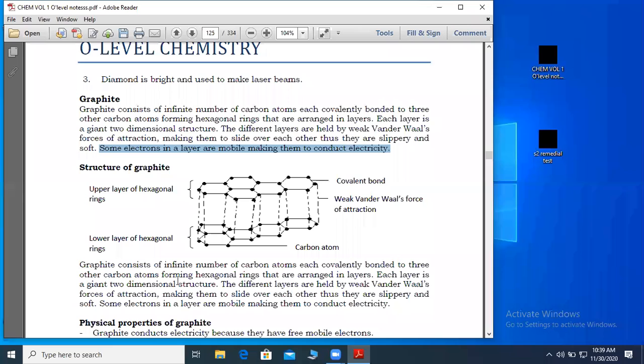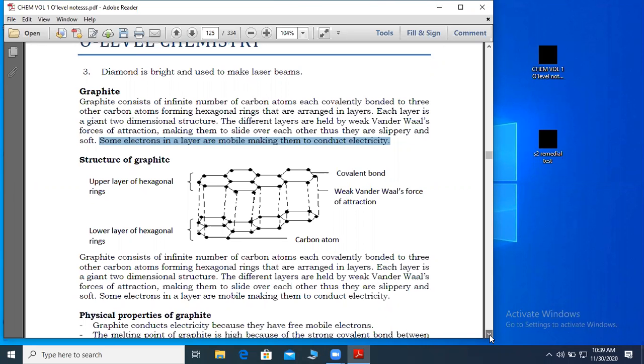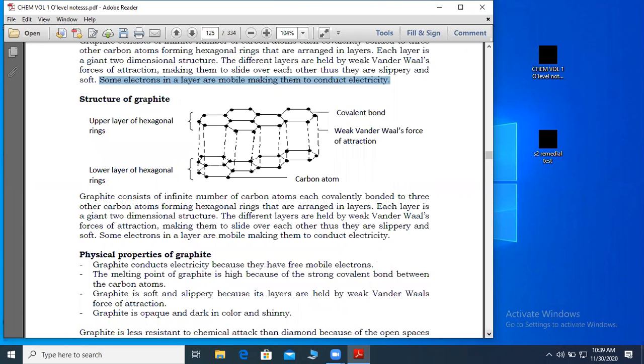So this statement is exactly the same as the first one. We shall right away go to physical properties of graphite. Number 1, it conducts electricity because it has free mobile electrons. I've told you the reason why these free mobile electrons exist, because the carbon atoms are joined to each other.